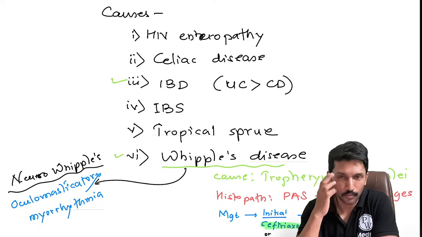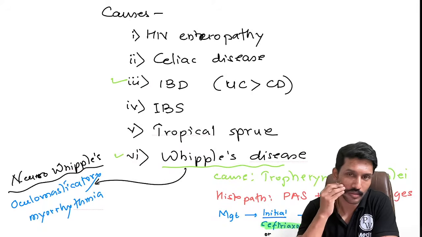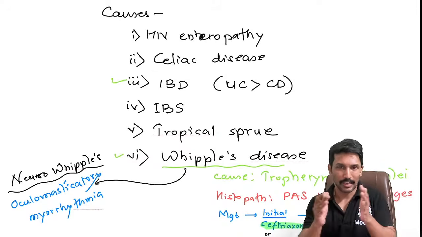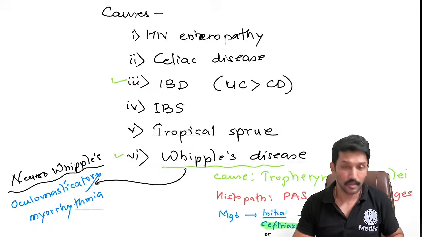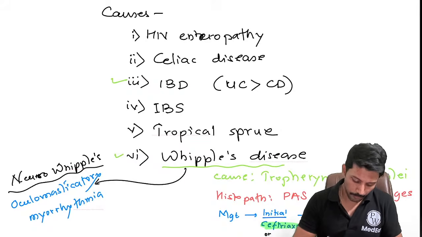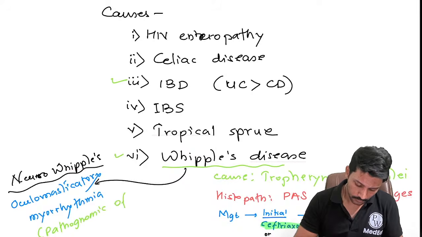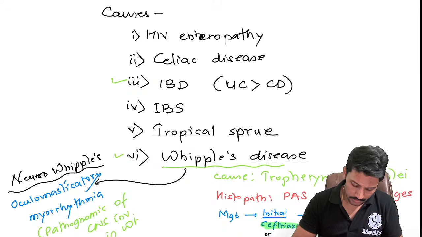So patients will be moving the eyeballs constantly, and parallelly there will be contractions of the masticatory muscles like chewing movements and the nystagmus coupled. We call it oculomasticatory myorhythmia. This is a pathognomonic finding of neuro Whipple's, pathognomonic of CNS involvement in Whipple's disease.